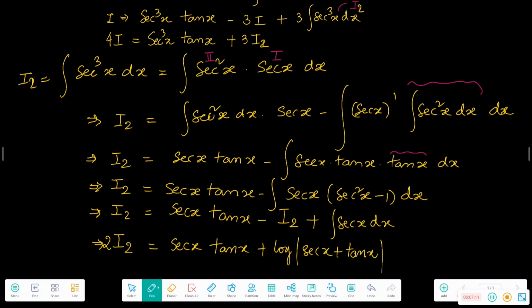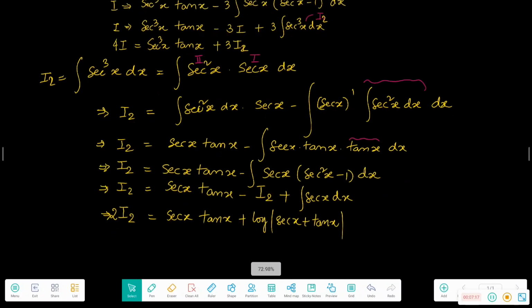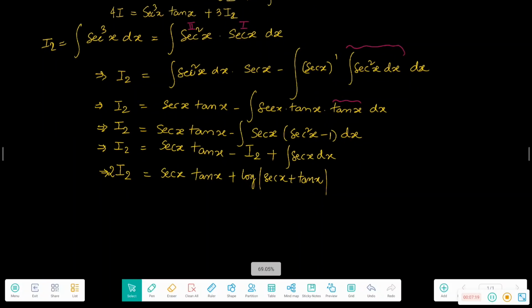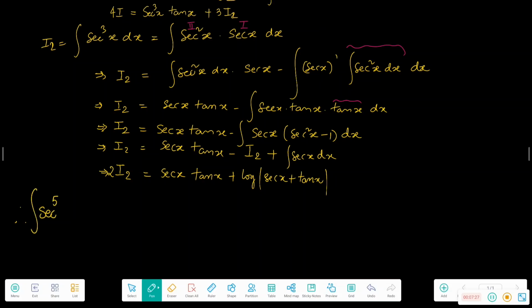Now this I2 value we will substitute in our actual I value. We know that I equals 1 by 4 into secant cube x tan x plus 3 I2. Let's substitute that.